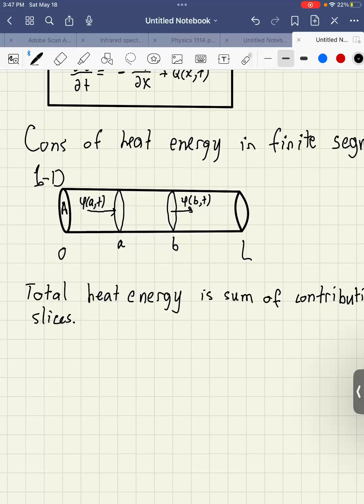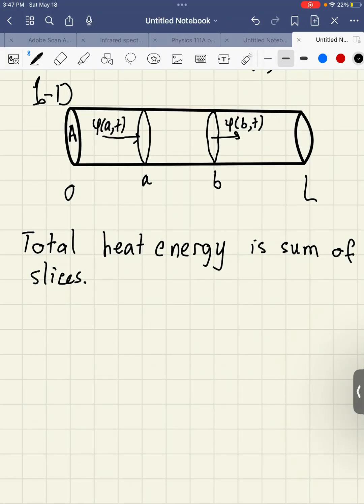So I can rewrite this as the integral of the partial derivative of my heat energy density e with respect to t, dx. Now, the change of heat energy across this segment is just final minus initial.